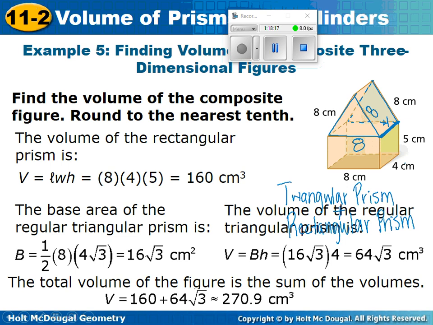Since it's a cylinder, what is the base shape? A circle. So what is our formula for area of a circle? Pi r squared. Okay, it said a cylinder with a radius of r and a height of h. So we're still just going to leave this r for radius and the height is still h.